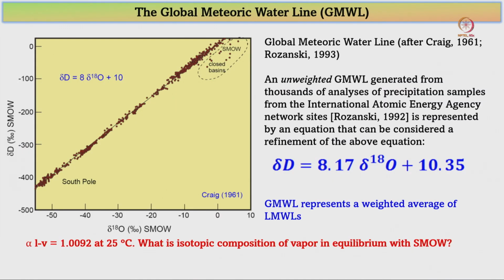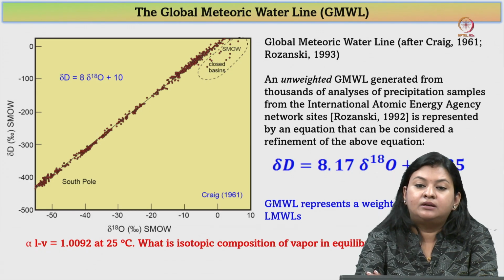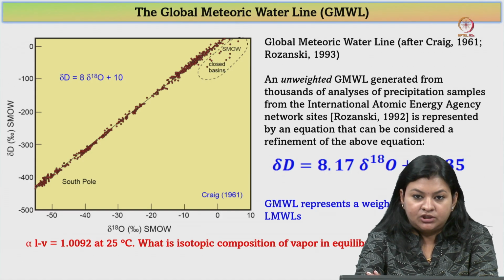In our previous lecture I showed you a plot of the global map and talked about the GNIP program, that is the Global Network for Isotopes in Precipitation.